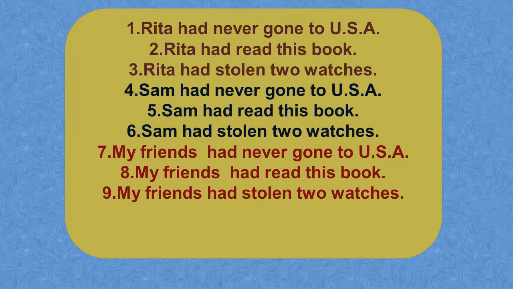Let's see if you got them right. First, Rita had never gone to USA. Second, Rita had read this book. Third, Rita had stolen 2 watches.